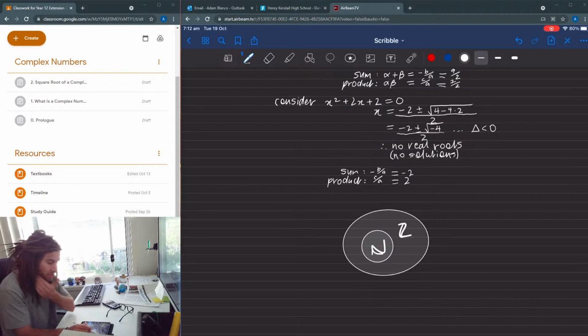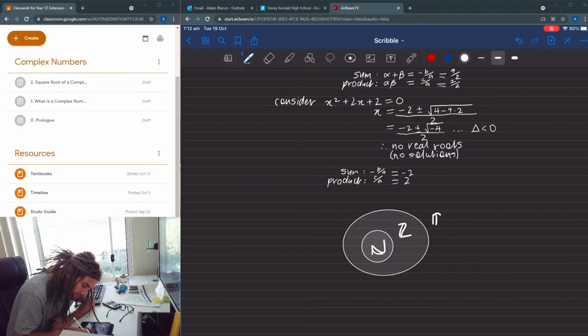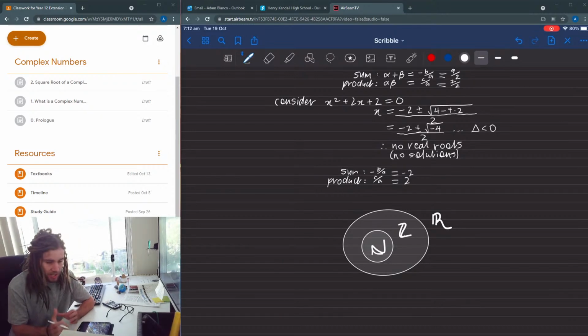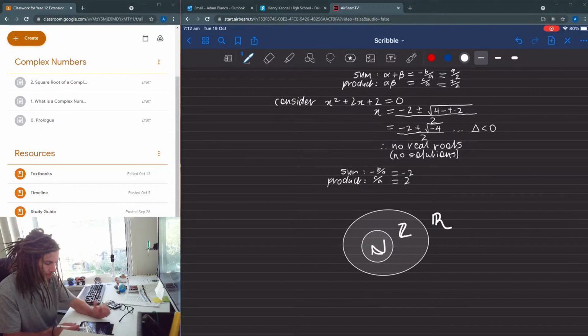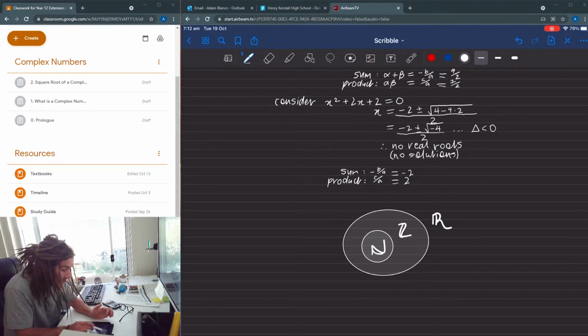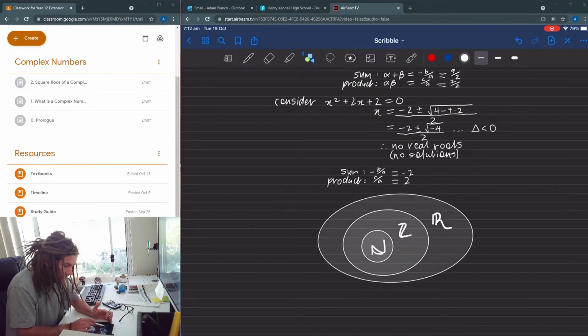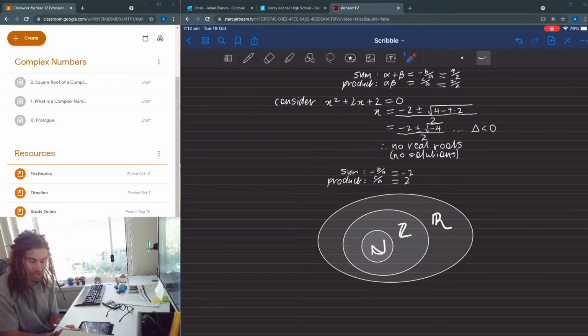One extra step is the real numbers. So all the real numbers, signified by that R there, are just any genuine number that is in between any of the integers. So like fractions, decimals, pi, e, square root of 2, stuff like that. And inside your real numbers you've got like the irrationals and the rationals.